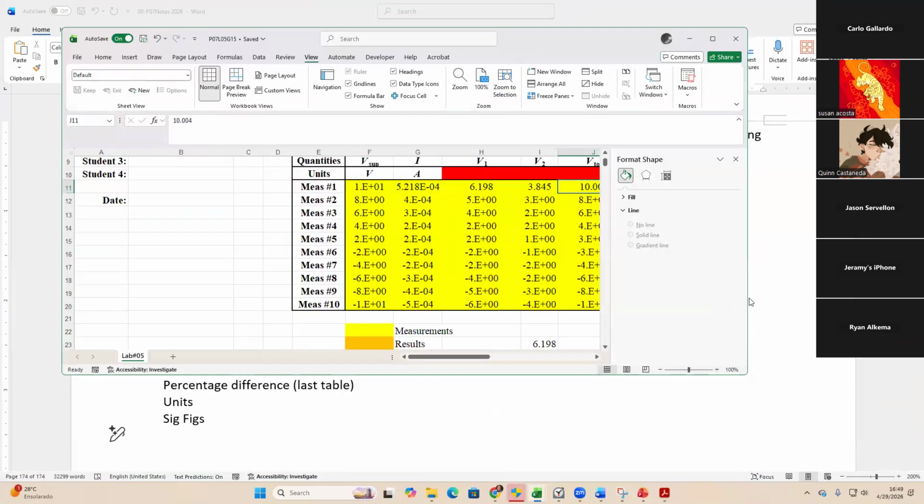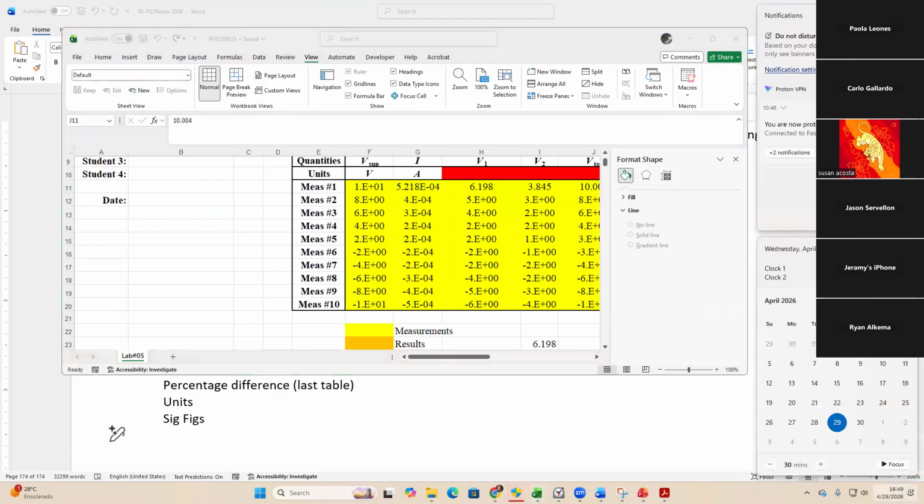Professor, I have one question. Yeah, go ahead. You know how you made lab 4 due on May 4th? Isn't it going to be a little bit conflicting for it to be due on May 6th? Conflicting for what? You said lab 4 was due on the 4th, correct? Yes, that's right, Monday. And then lab 5 will be due on May 6th?